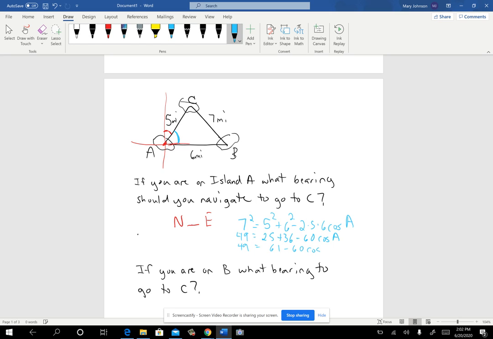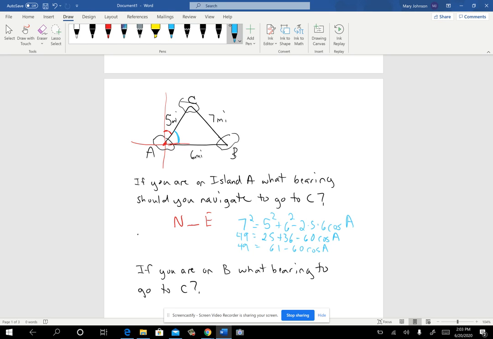And then don't try to subtract those. Let's get the cosine A on a side by itself. I think people do a lot better when the thing you're trying to solve for is on the left. So I'm going to go ahead and do that.